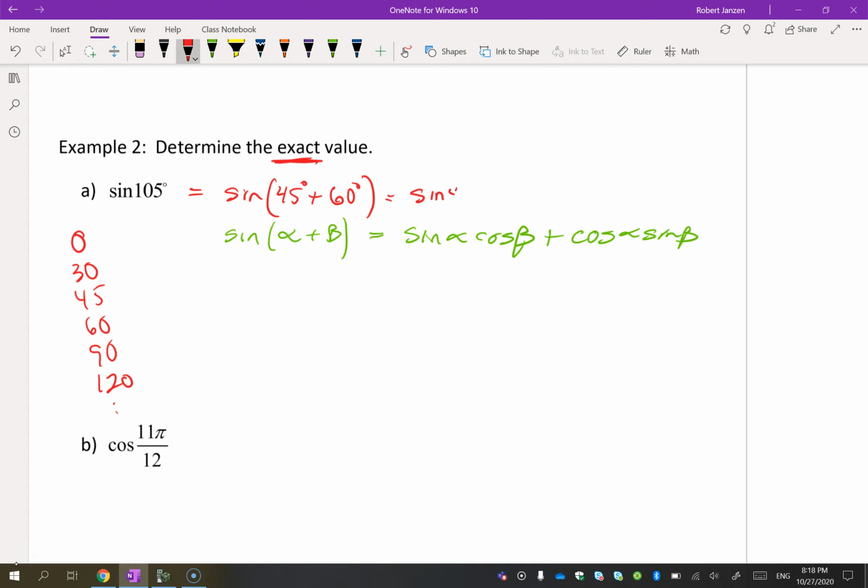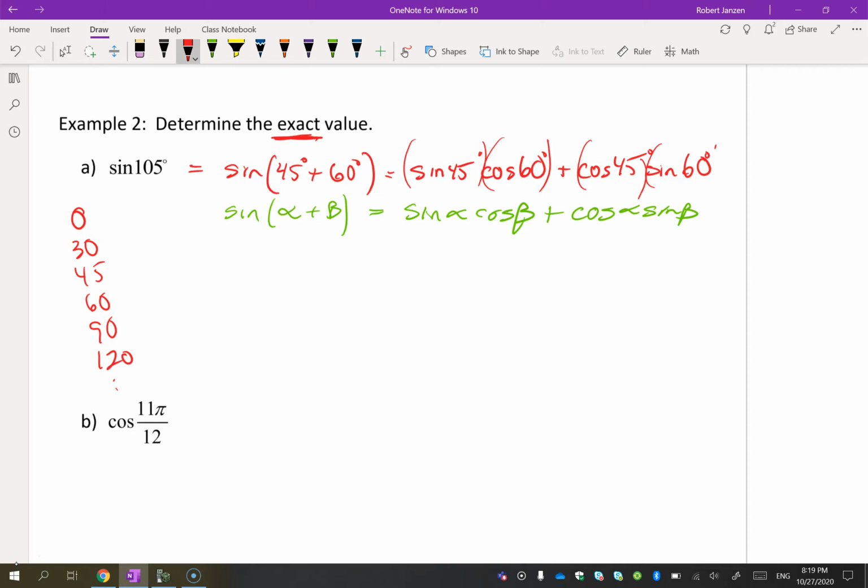So I would have sine 45 cos 60 plus cos 45 sine of 60. Okay? And each of these is an exact value that I can figure out. I know that sine of 45 is root 2 over 2. I know cos of 60 is a half.